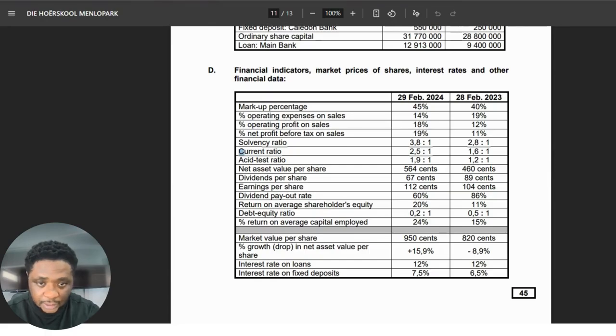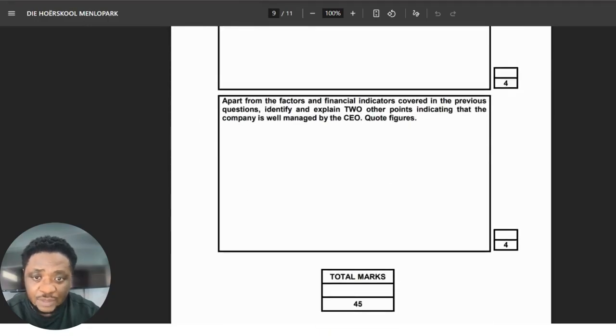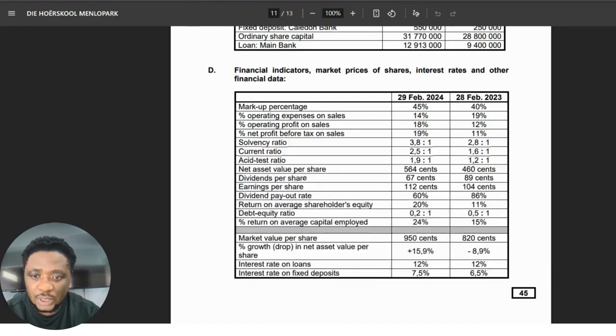So one I would go for then is solvency, the current ratio, as well as the asset test ratio. So you have three very good ratios that the business has improved in. To read the question again, it says apart from the factors and financial indicators covered in the previous section, identify two other points indicating that the company is well managed by the CEO. So we're going to firstly identify the solvency ratio.